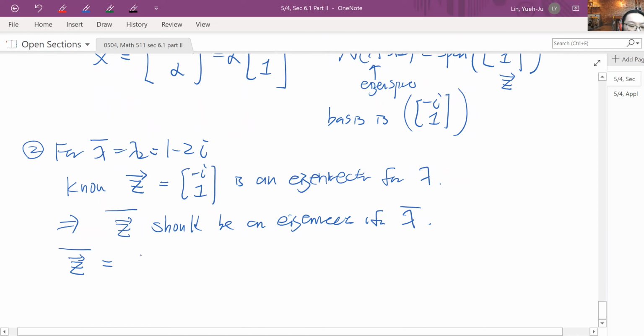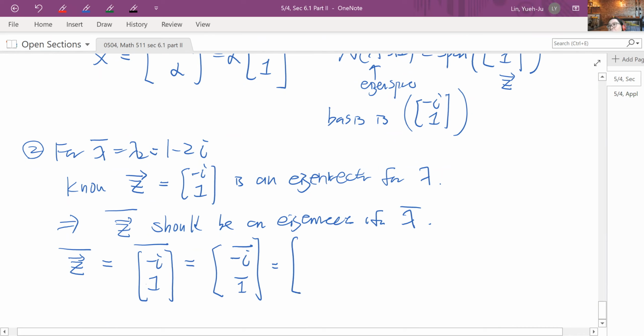Z bar means you take the conjugate of this vector, which means you take the conjugate of each entry. So for minus i, you need to switch the sign. It becomes plus i. And as I said, if you take the conjugate of the real number 1, it should be itself. So this is (i, 1). So it turns out the conjugate of Z, the Z bar, is just (i, 1).